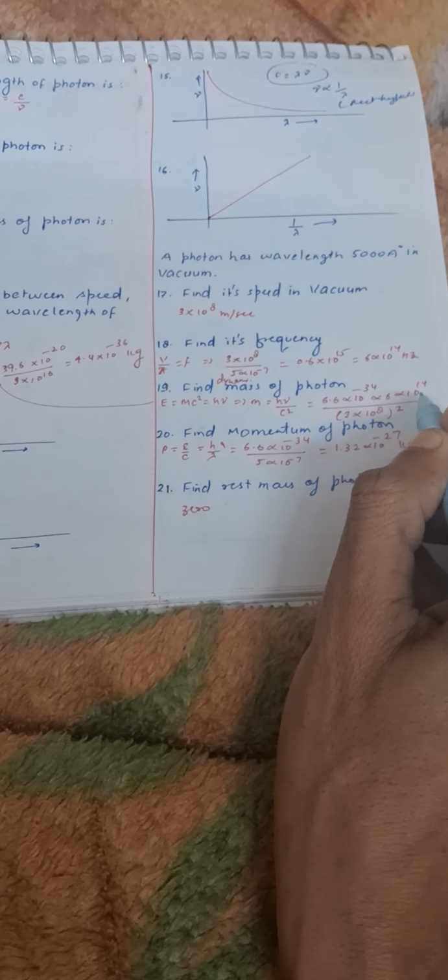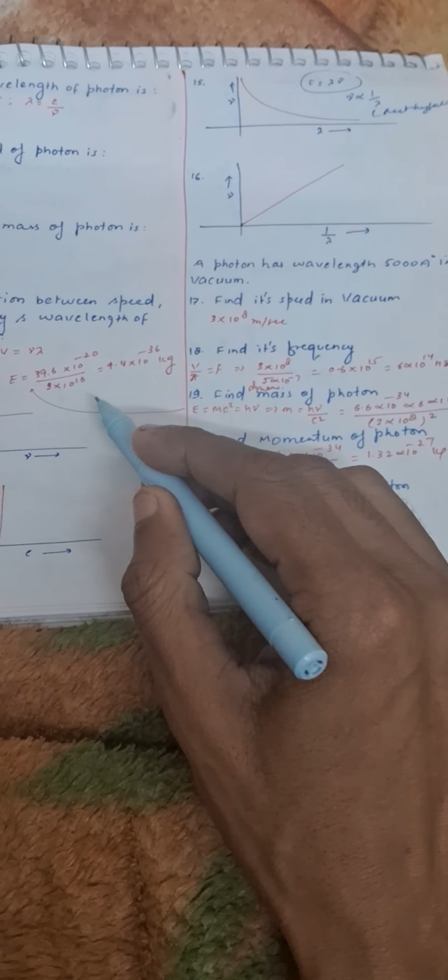After the final calculations, the mass comes out to be 4.4 into 10 to the power minus 36 kg.